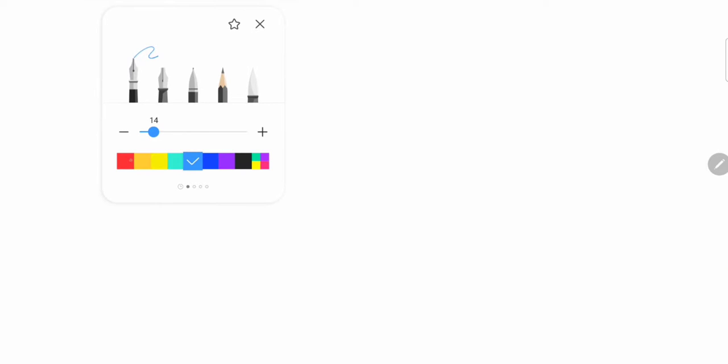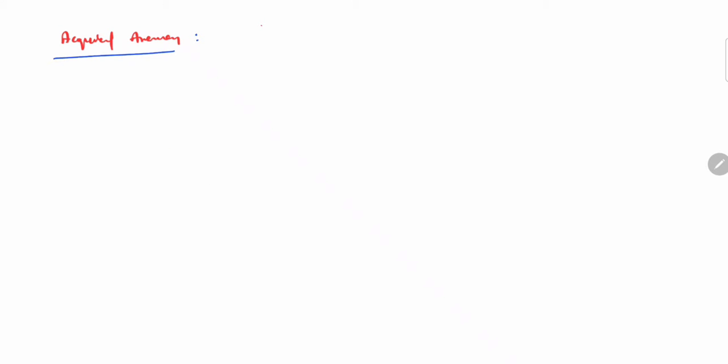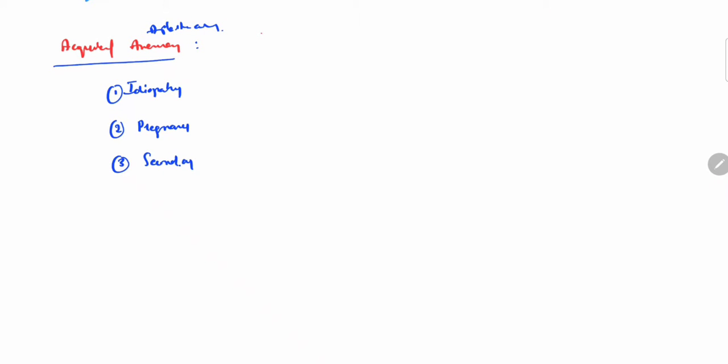Coming to acquired aplastic anemias. Acquired aplastic anemias can be idiopathic or due to pregnancy or maybe secondary.